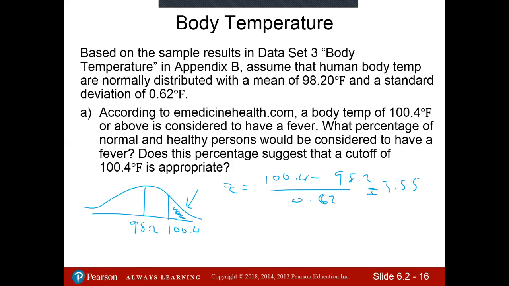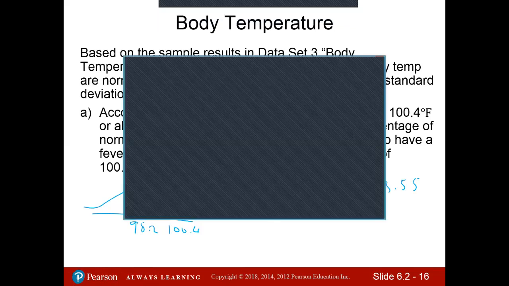Now, if you use a table, you'll notice something. Let me show you.